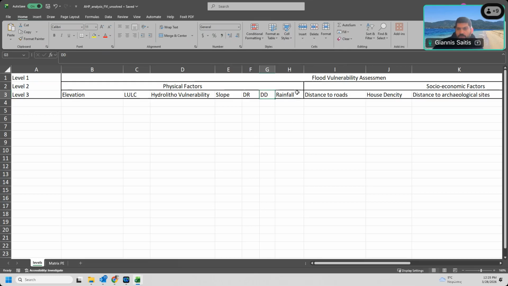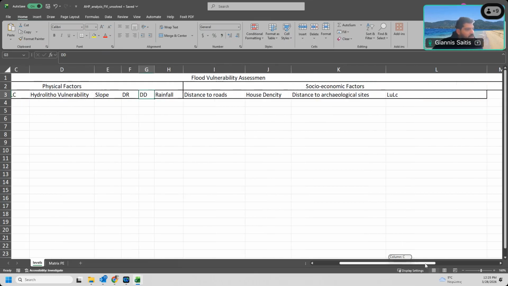And of course the rainfall, the one producing the flood. For the socioeconomic factors, we have the distance to roads and the house density, because this is information you may get from some authorities. If you don't find this, you can use people density. That also works.